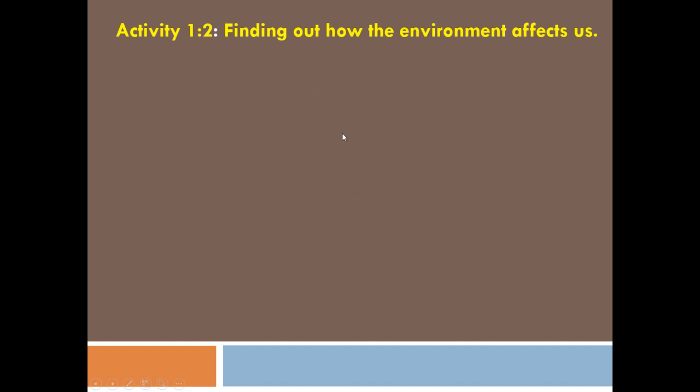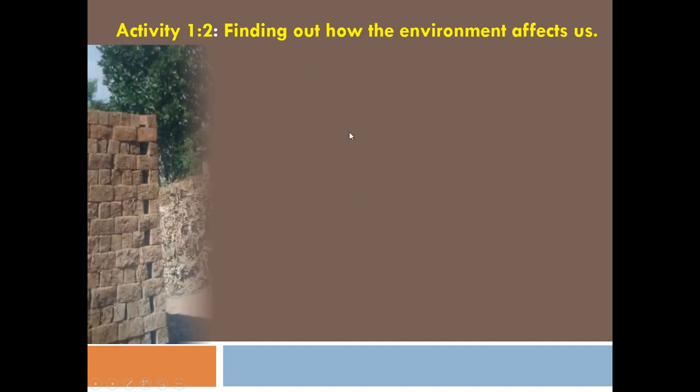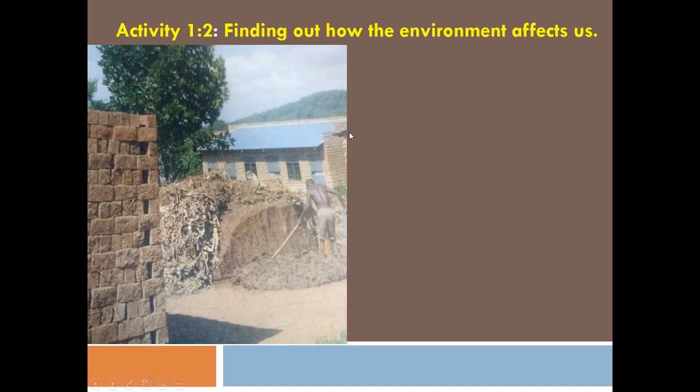How do we benefit from those things that we have in our different environments? We are going to explore different photographs, and understand from the physical environment how man benefits, and from the human environment how man benefits.